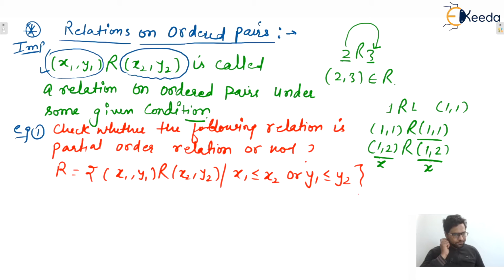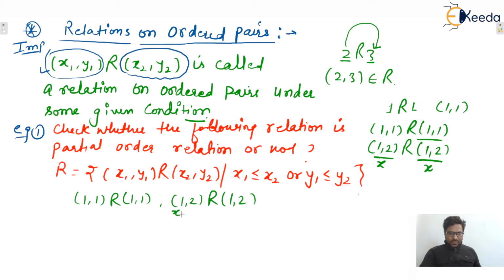You only tell me, guaranteed 1 comma 1 will be related with 1 comma 1, yes or no? Similarly 1 comma 2 will be related with 1 comma 2.